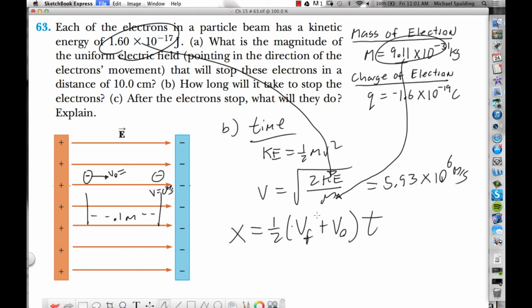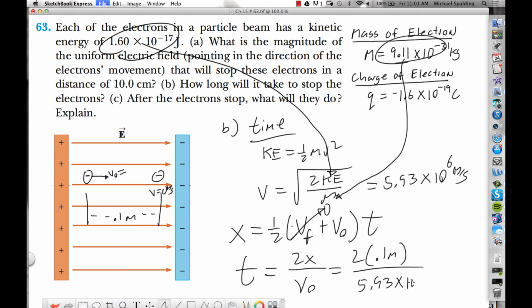V final is 0. So T is going to be 2x over V initial. 2 times 0.1 over 5.93 times 10 to the 6. So this gives us 3.4 times 10 to the negative 8 seconds.